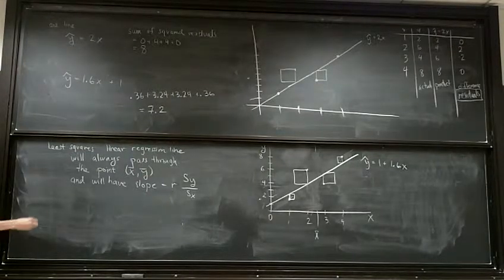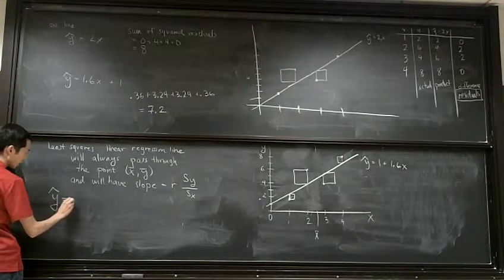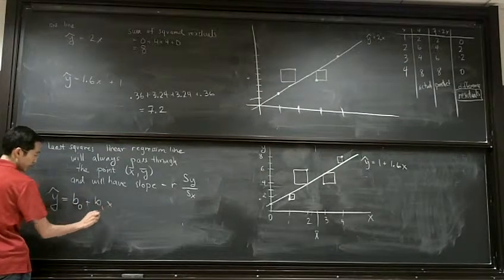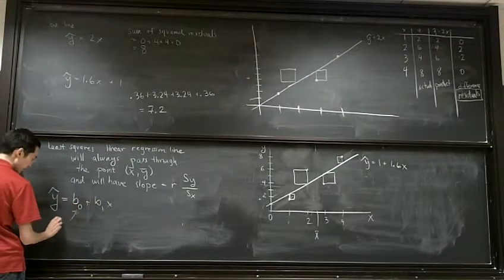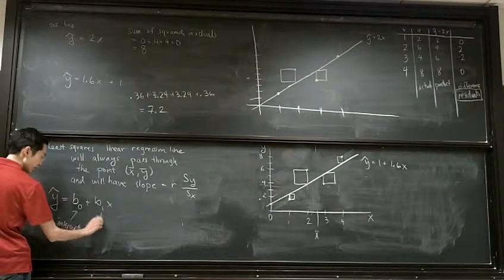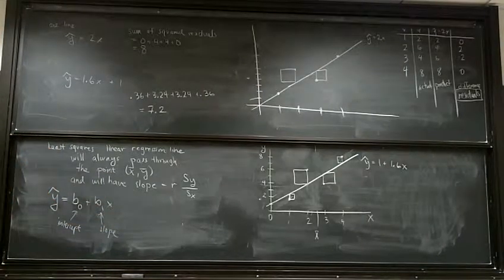In statistics, we say the prediction line is y hat is equal to b0 plus b1x. b0 is my intercept, and b1 is the slope.